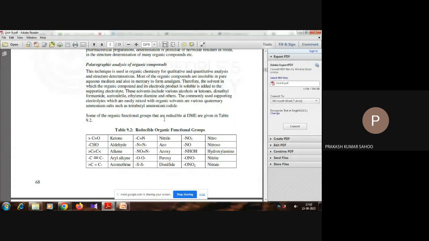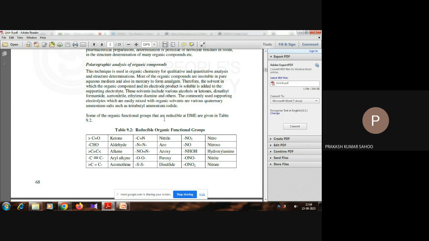Then polarographic analysis of organic compounds. This technique is used in organic chemistry for qualitative as well as quantitative analysis. Most of the organic compounds are insoluble in pure aqueous medium because organic compounds are soluble in organic solvents.